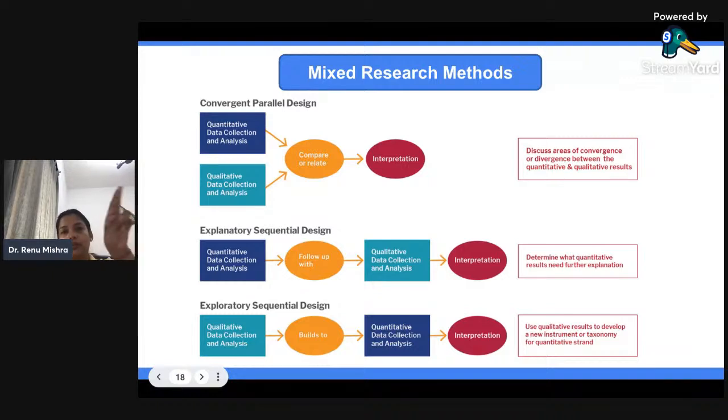In explanatory, you conduct the quantitative first, followed by the qualitative. Similarly, in exploratory, you conduct the qualitative first, followed by the quantitative. So, for example, in qualitative, you understand some behavior, some opinion. Now you give the logical reasoning for that, the statistical analysis for that.